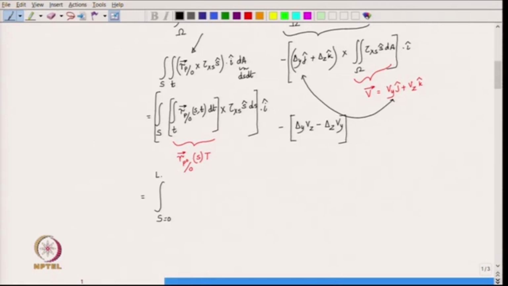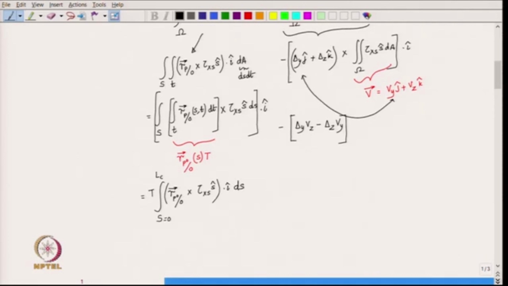So, maybe I will write it as L C for length along the cross section, and then we have the thickness T which comes out of the integral, and we have R P naught relative to O, which is a function of arc length, cross product tau x s of S hat, dotted with I ds.